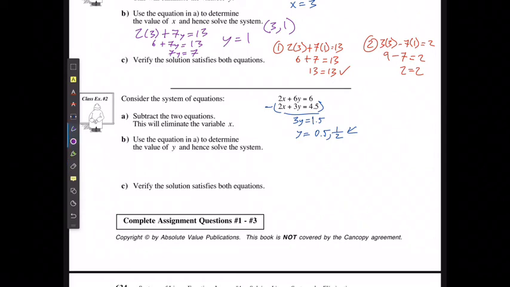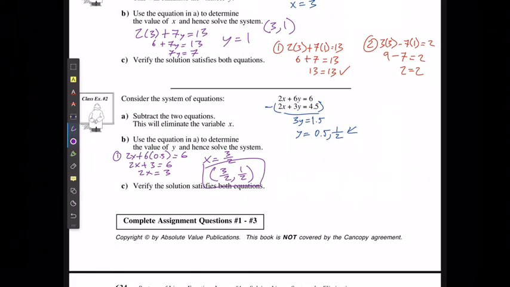So I'm going to say that if I have, from equation 1, 2x plus 6 times 0.5, or 1 over 2, is equal to 6, then 2x plus 3 is equal to 6. 2x is going to equal 3, or x is going to equal 3 over 2. So I'm going to have the solution 3 over 2 and 1 over 2.